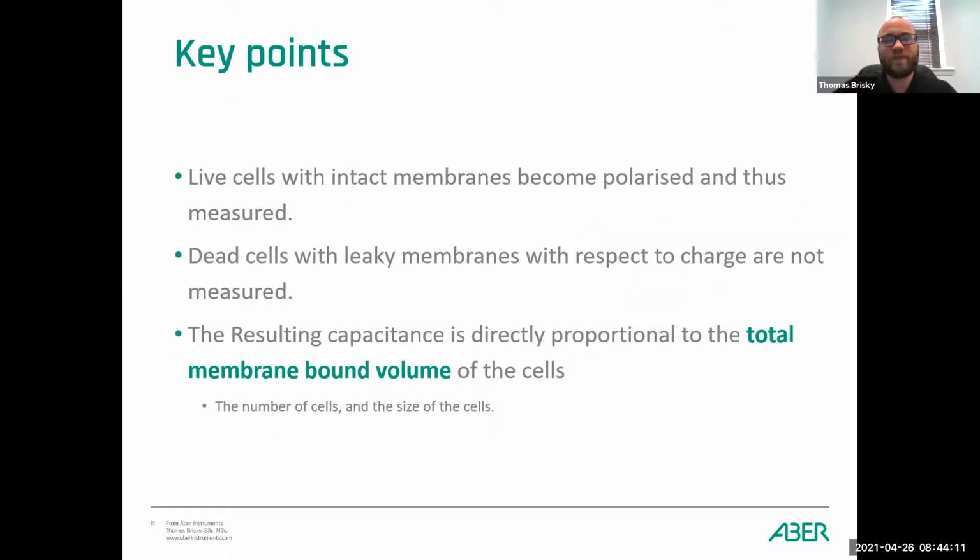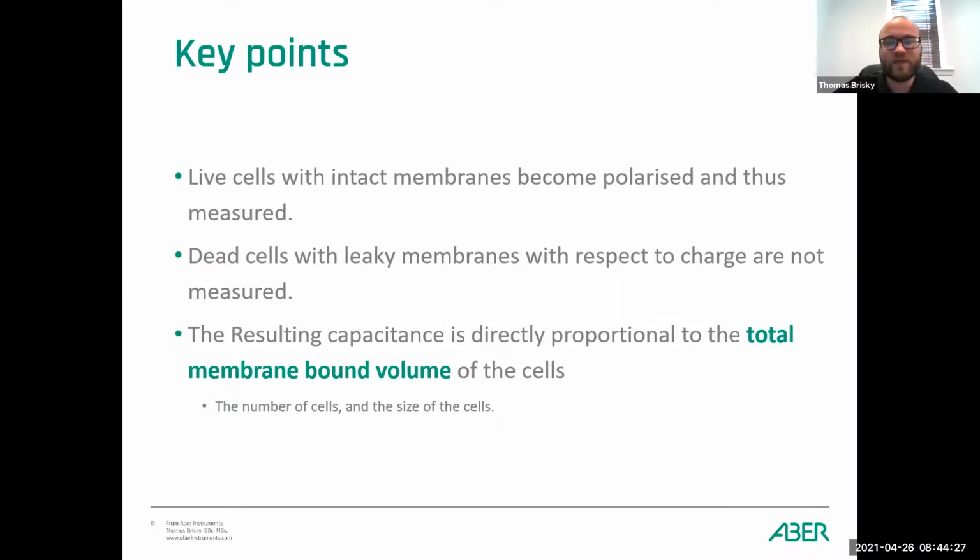So just to recap on some key points, live cells with intact membranes can be polarized in the presence of the electric field generated by the Aber probe and then measured. Dead cells with leaky membranes with respect to charge, as well as solid media particles and air bubbles, are not measured.